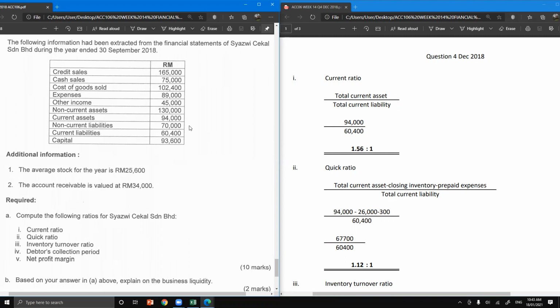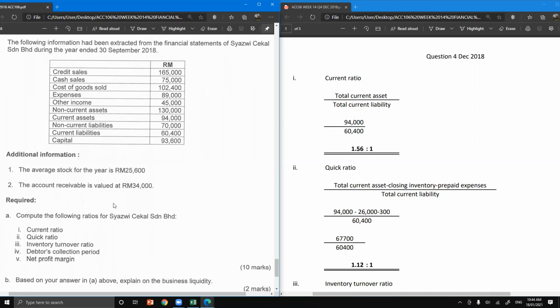From the extract of the financial statement of Shazwi Cekas Sdn Berhad, current asset is equal to 94,000 ringgit, whereby for current liability, the amount is 60,400 ringgit. So dividing the current asset of 94,000 ringgit by the current liability of 60,400 ringgit is equal to 1.56.